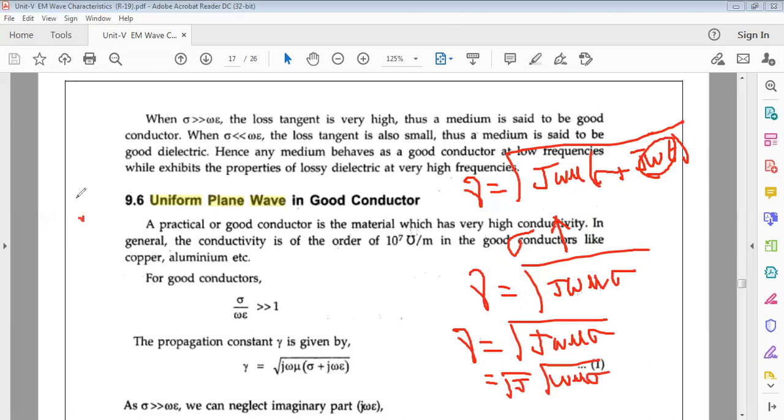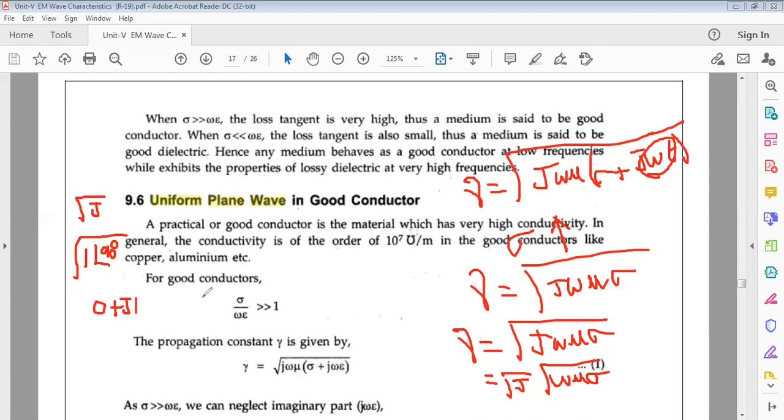What is the square root of j? We convert this function into polar form. In polar form, the magnitude is 1 with an angle of 90 degrees. Why? Because j is nothing but 0 plus j, which is 1 with angle 90 degrees.